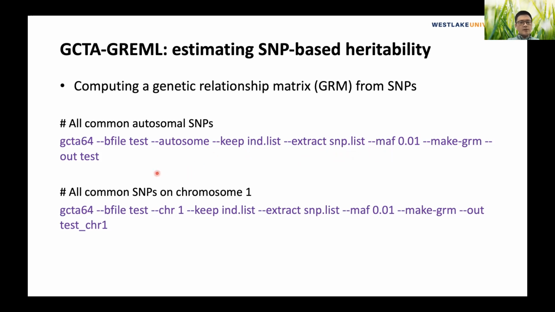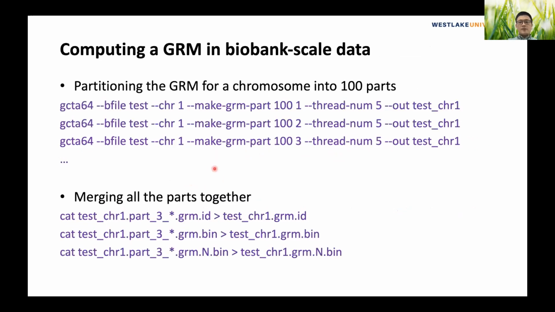If your data set is big, then you can parallelize the analysis onto each individual chromosome. In this example, we run a separate analysis on chromosome number 1. If this is still too slow, like the analysis in the UK Biobank, you can further divide the computation on chromosome 1 into different parts.